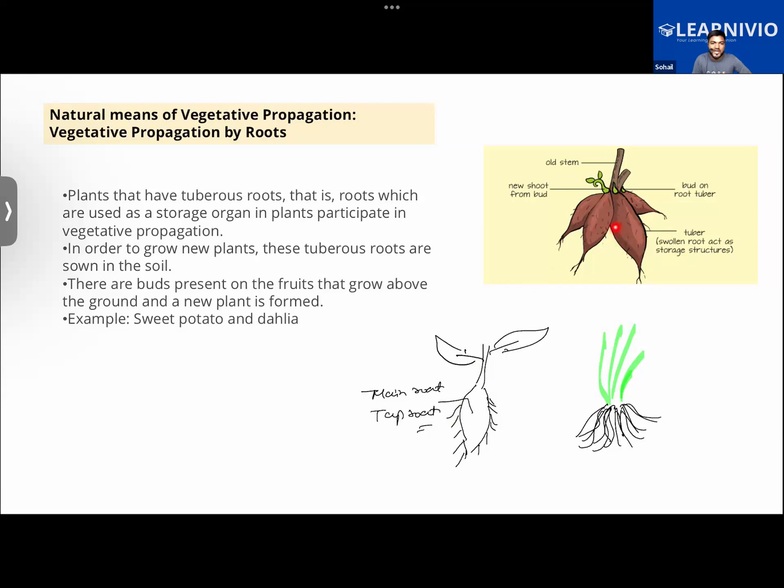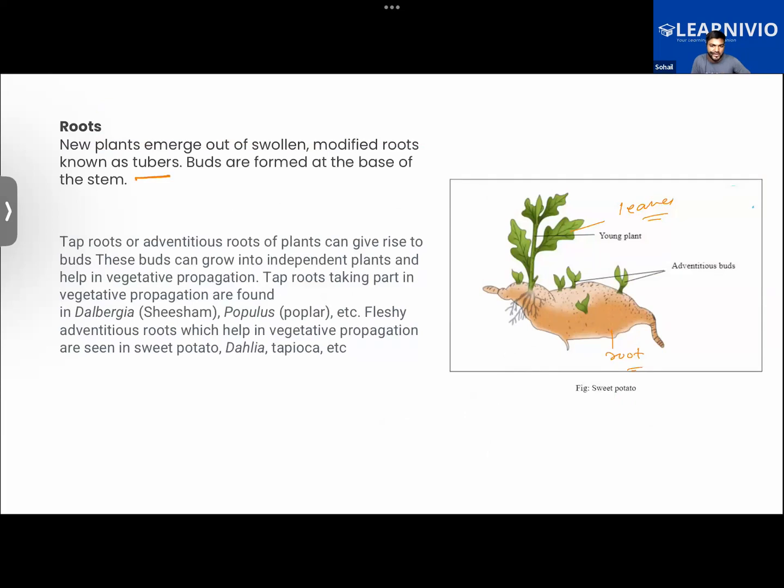Also, they carry out the function of reproduction in some plants, because they grow some structures on them called buds. These are tiny tissues, and this bud will grow into a new plant. We have the example of sweet potato and dahlia, like the one you can see over here. So we did discuss these.